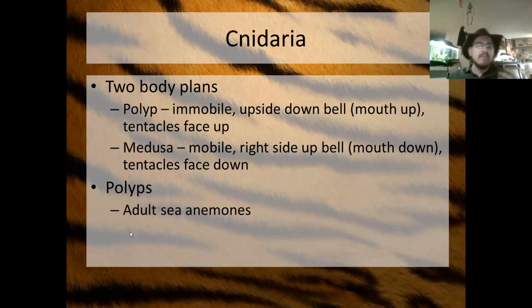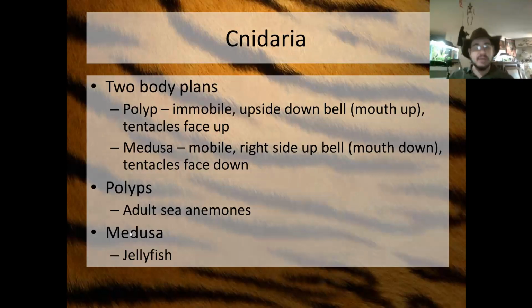So, polyps are adult sea anemones. Medusas are jellyfish. What's interesting about jellyfish is that after hatching, they go through a polyp stage. So the first stage of life for jellyfish is an immobile polyp stage, which is kind of neat. And a lot of sea anemones have a first stage of life after hatching that is a medusa stage before settling down.